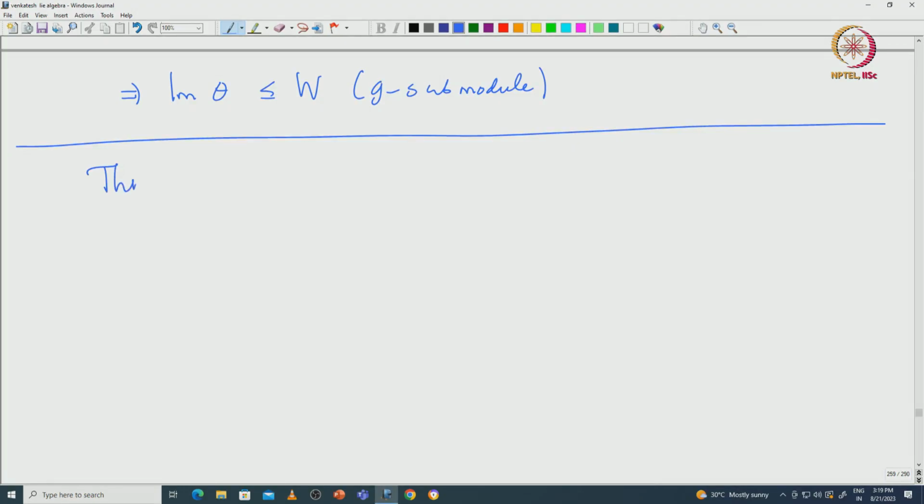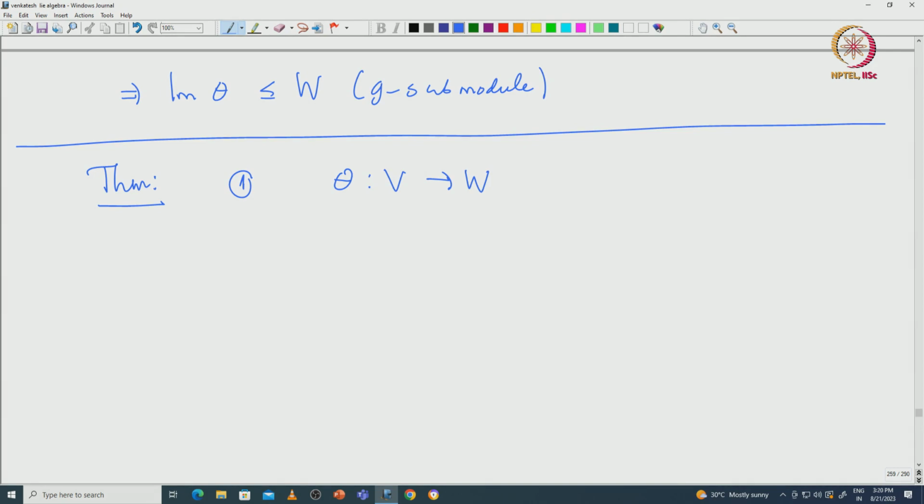So, let me just state this result. Here is the isomorphism theorem. As before, the very first statement is about having a G module map and then relating the quotient module V modulo kernel theta and the image of theta.